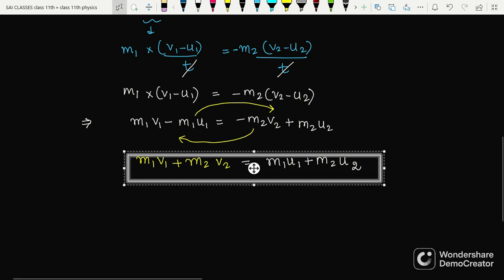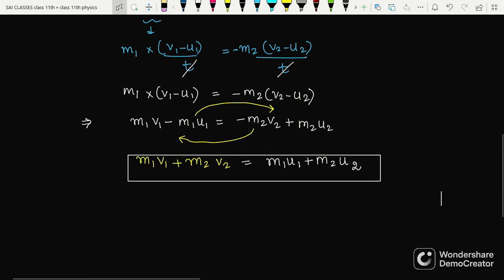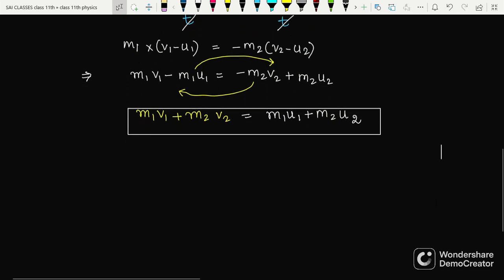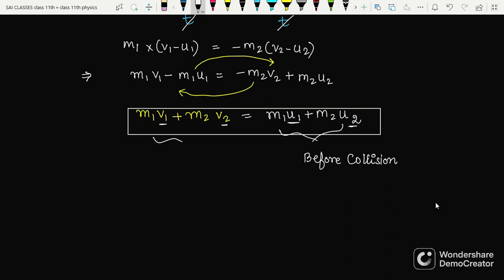This is the law of conservation of momentum, where m1 u1 plus m2 u2 represents the total momentum of particles A and B before collision, since u1 and u2 are the initial velocities. The final velocities are generated only after collision, so the other side is after collision.